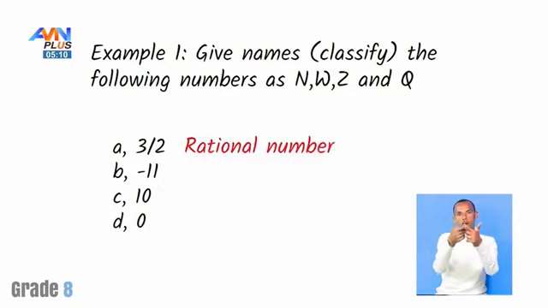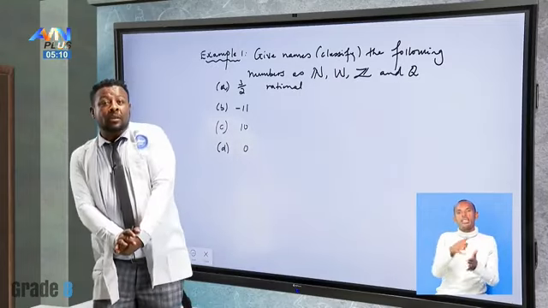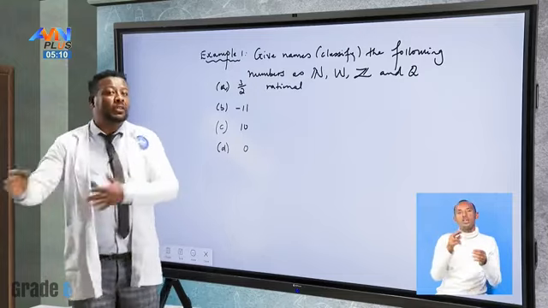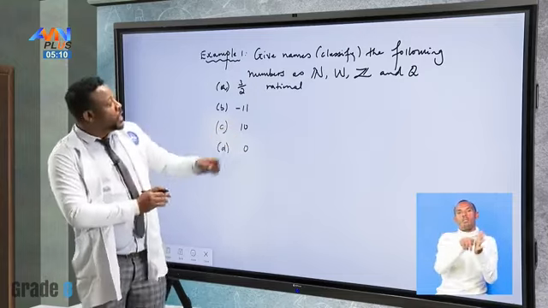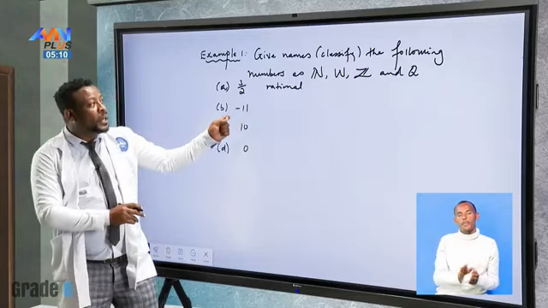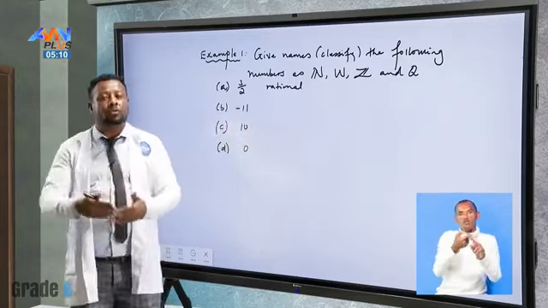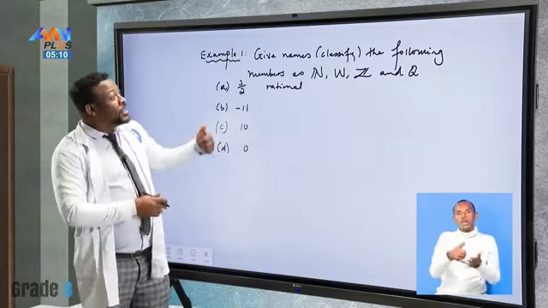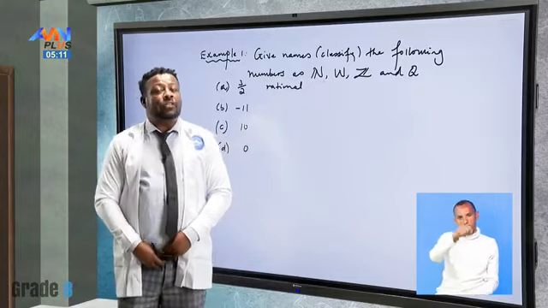Whenever you go to the second number, minus 11, is it a natural number? It's not, because natural numbers are positive. So there is no negative natural number. This is not a whole number, because whole numbers start from 0, 1, 2, and so on. So can it be an element of integers? Yes, of course.